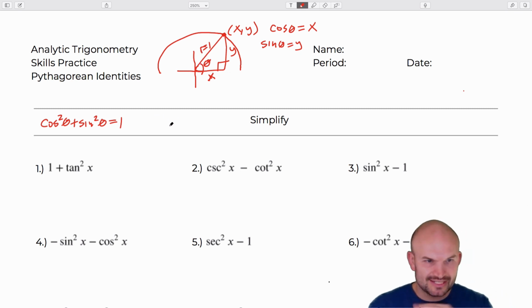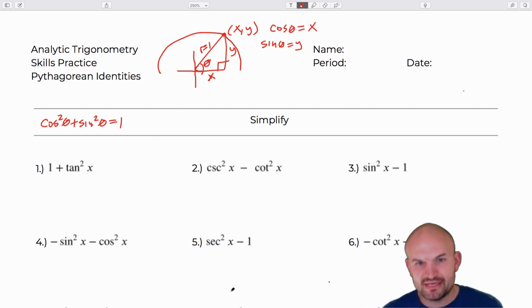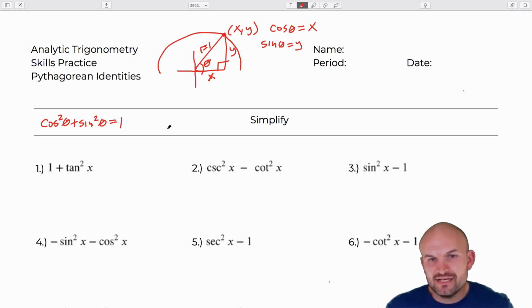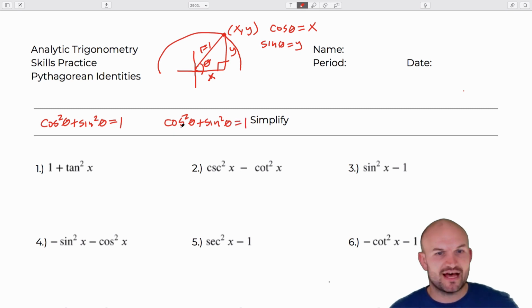Now, how do we get to these other identities? Well, if you remember when solving an equation, as long as we apply any operation to every single term, we're not changing the value of the equation. So if I divide everything by cosine squared of theta, I'm still keeping this as an equation.